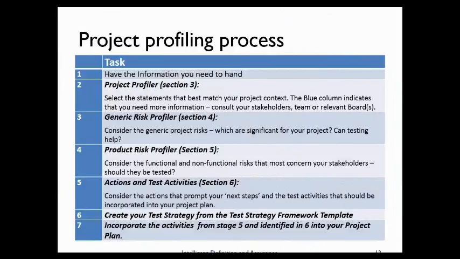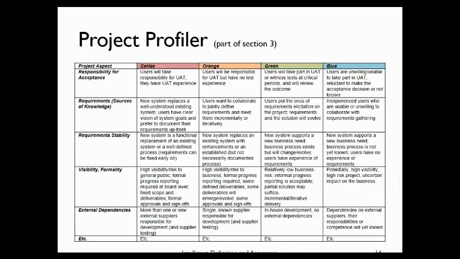Then there was the product risk profiler, which was specific to the technologies in effect. And then there were outcomes suggesting you should take the profiling activity further. I can't go into that level of detail in this session, but the principle was that you answered a questionnaire. And here is the start of the profiler, just to give you a flavor of how this worked.